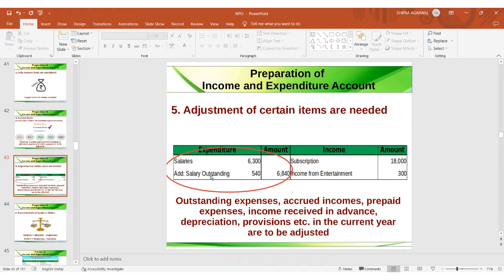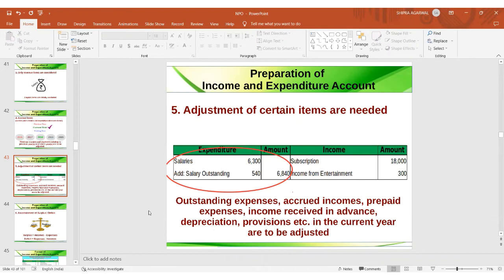It is not the cash basis. So if something is due, that has to be written in the current year.